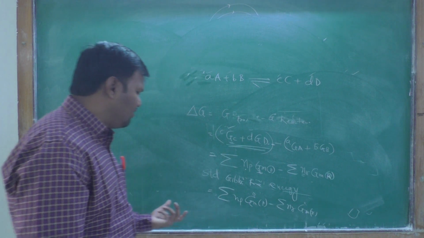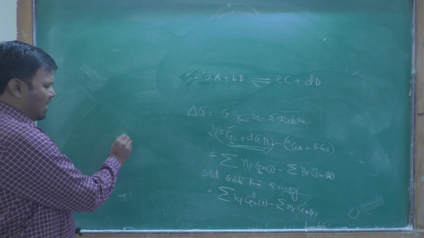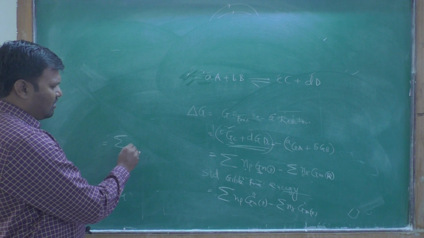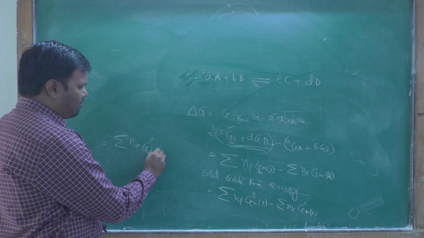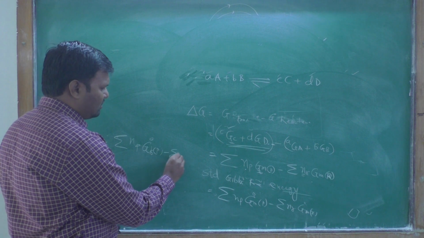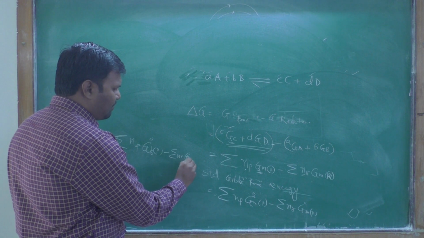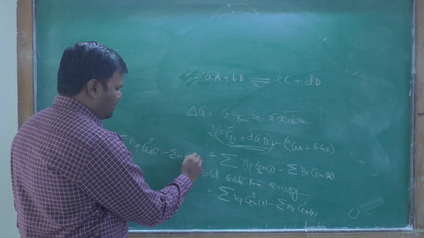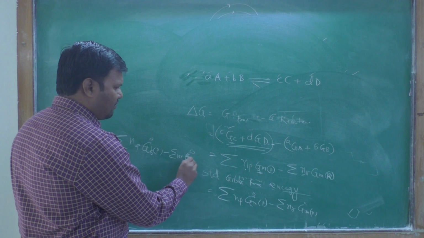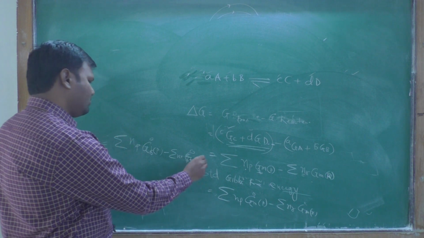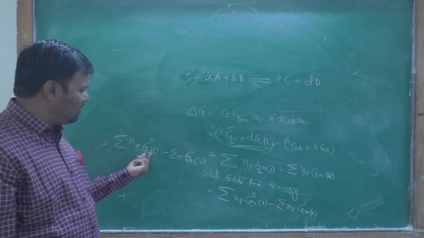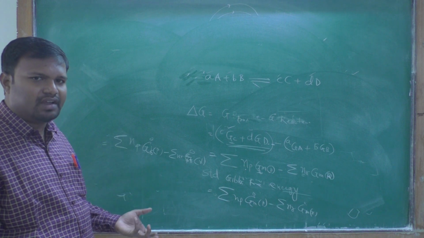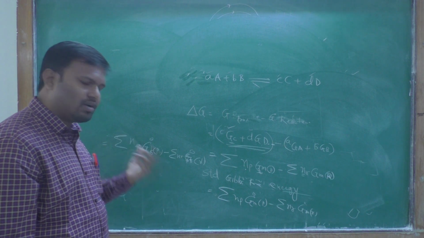Another quantity we have introduced for simplification is the summation of Np times G naught f for the product, minus the summation of Nr times G naught f for the reactant. G naught f means the standard Gibbs free energy of formation.